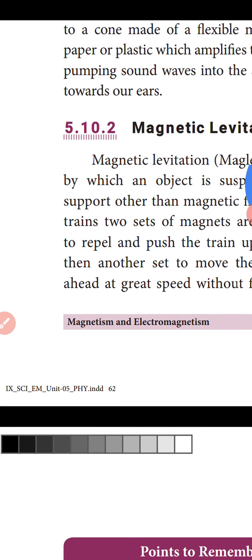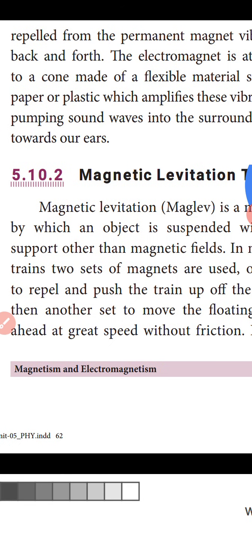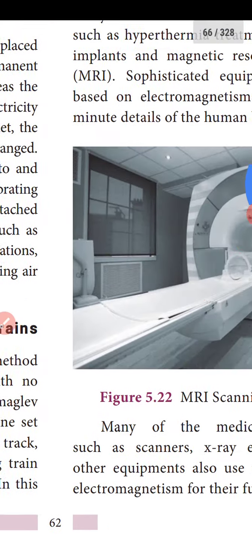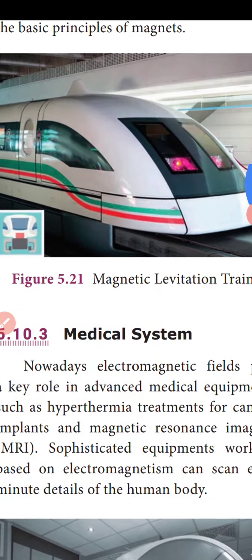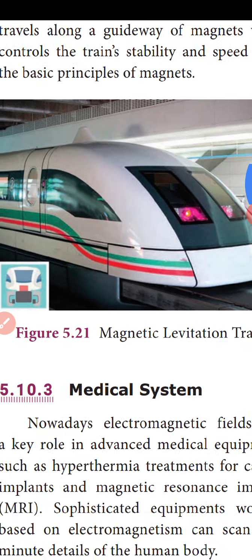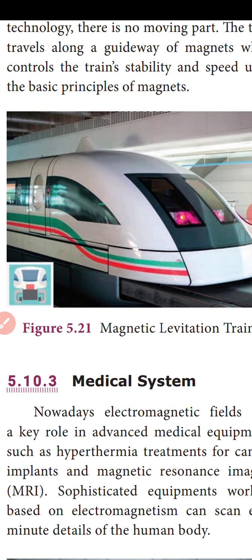The second one is the magnetic levitation train. Magnetic levitation is the method by which an object is suspended with no support other than magnetic fields.